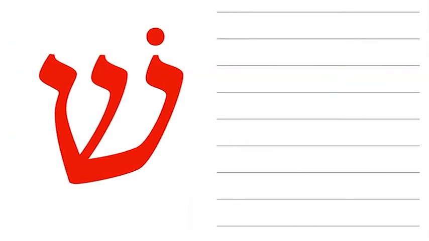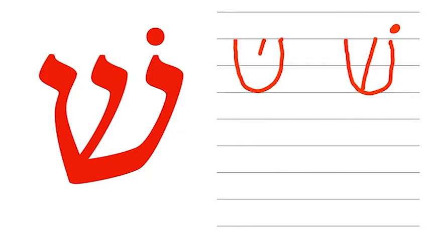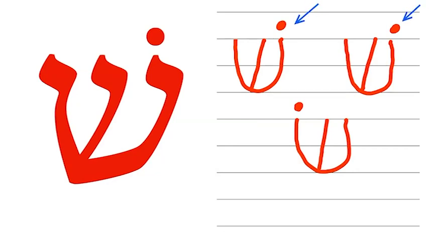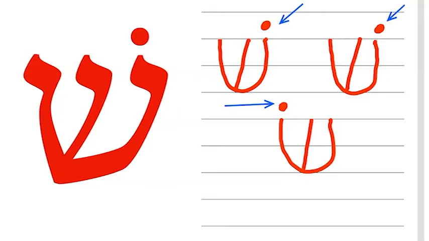The shin is made in the exact same way, wide U, angled line, but the dot's over the right. Let's look below at the sin again. It's a wide U, an angled line, but the dot's over to the left. You can see the difference between the sin and the shin because with the shin, the dot is on the right side of the consonant, but with the sin, the dot is on the left side. That's the Hebrew letter shin.